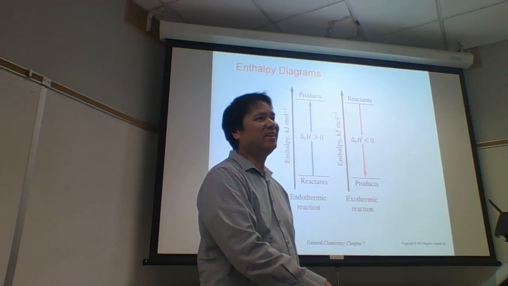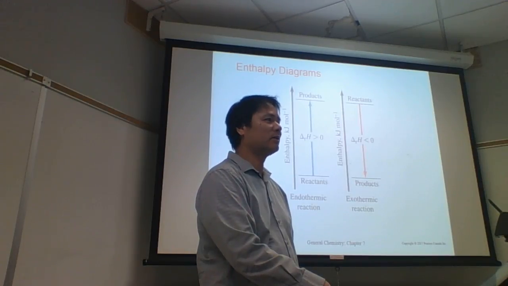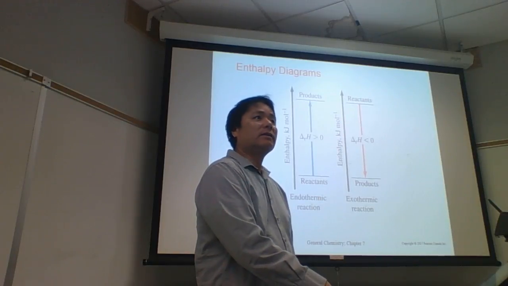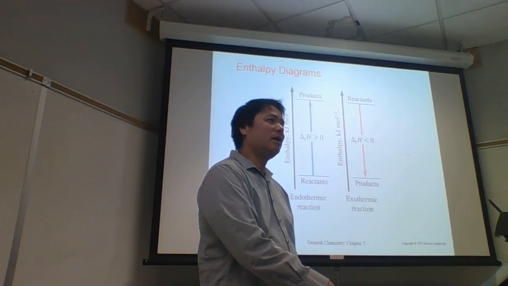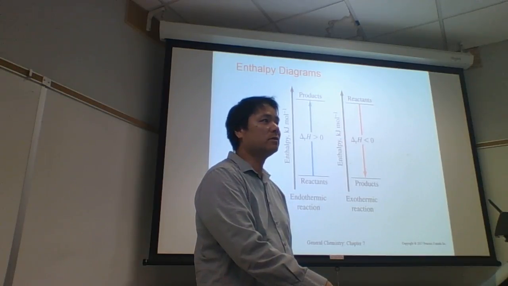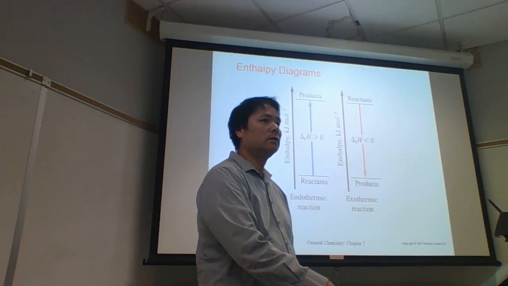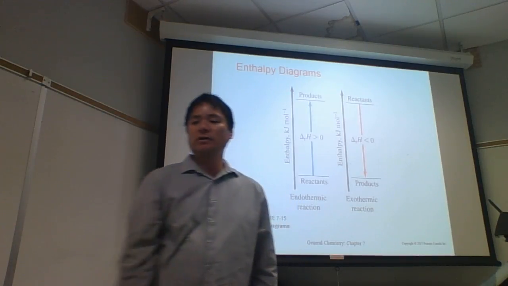In a regular thermo lab, they wouldn't use coffee cups. They'd use better containers than a coffee cup. But there are some reactions that don't lend themselves to doing out in the open lab, and that is combustion reactions. So there we use delta U. But anyway, we're interested in delta H.